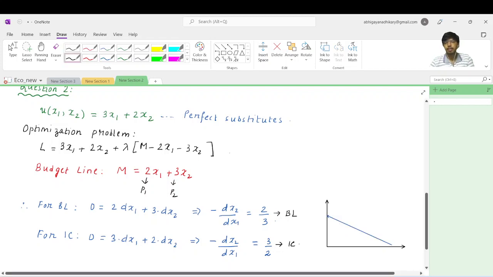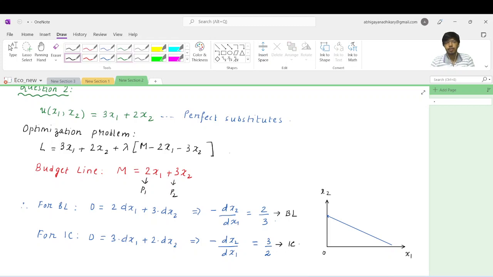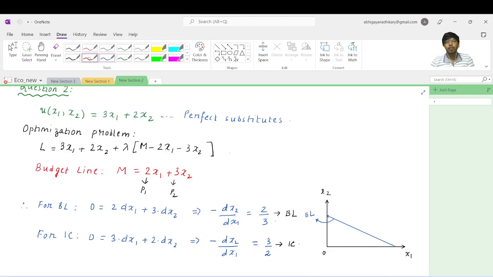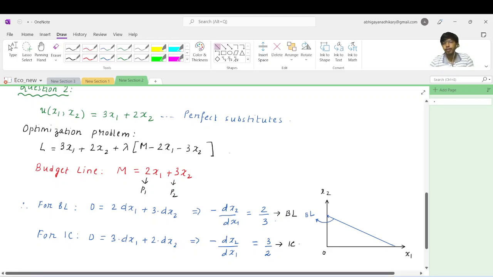This is the budget line, with x2 and x1 on the axes. Now how will the indifference curves look? They will be straight lines and steeper.